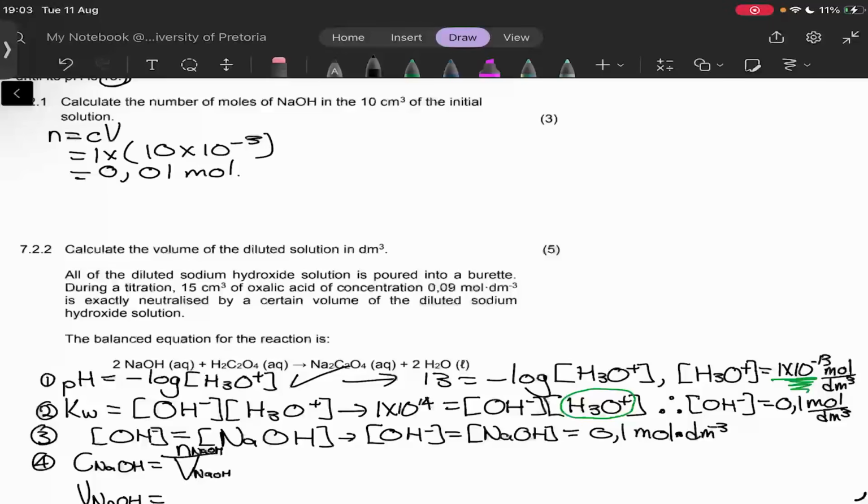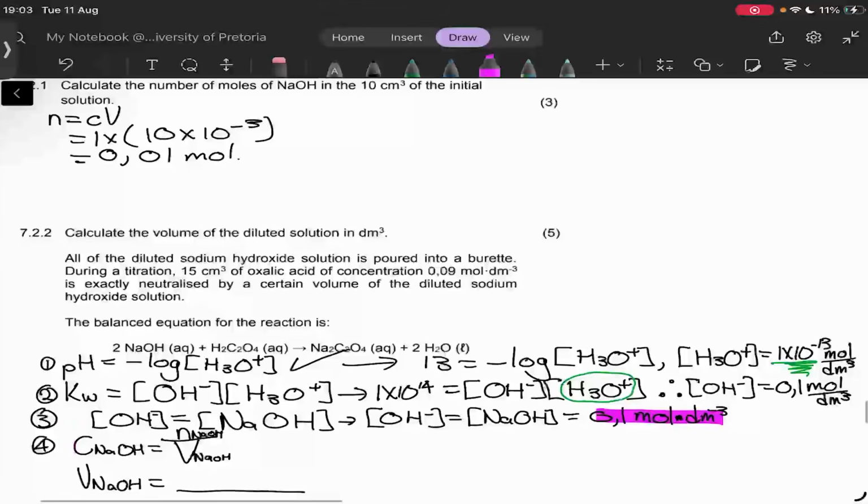Right. And now that I have this value, I can put that into this formula over here, whereby I have 0.1 is equal to my moles of sodium hydroxide, which I did find earlier. It's this over there. I'm going to substitute that in.